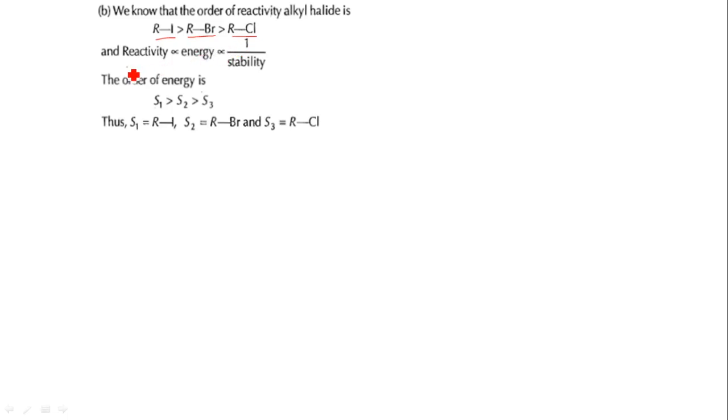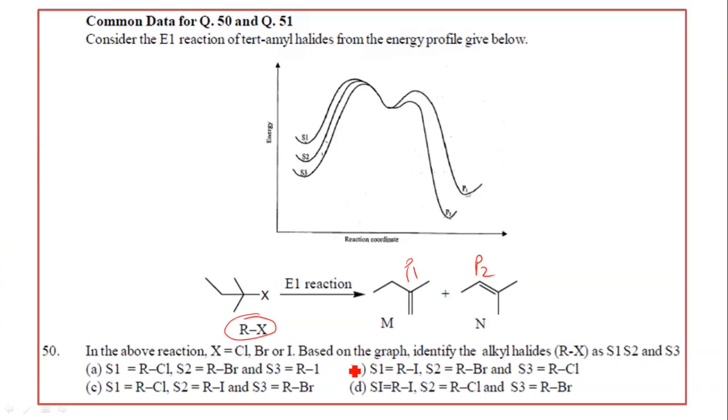Reactivity is directly proportional to energy, and energy is inversely proportional to stability. This you have to remember. So the order of energy they are asking is S1 greater than S2 greater than S3. That is S1 RI, S2 RBr, S3 RCl. So answer B is correct.